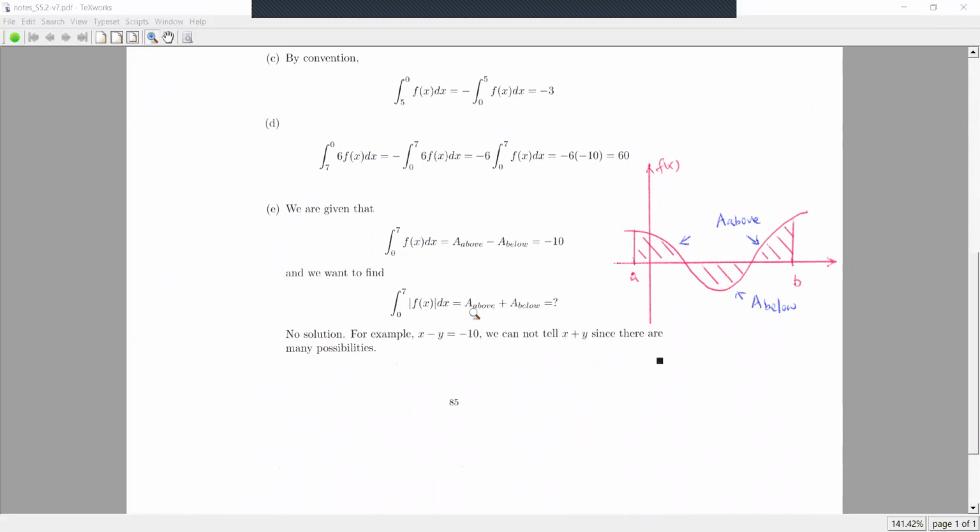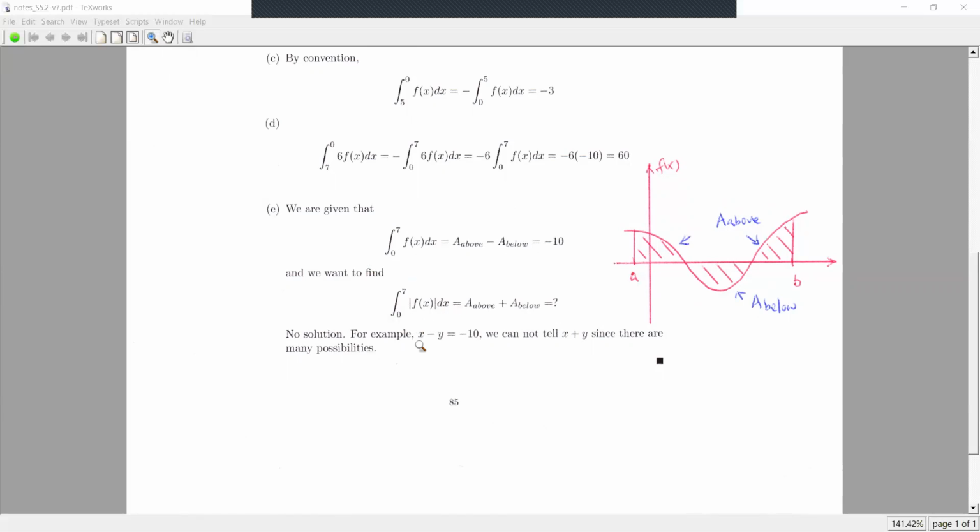We want to find A above plus A below. What is that? The answer is no solution. This time, it is impossible to compute this integral just based on this information. Only based on the fact that this integral is -10, we cannot tell.